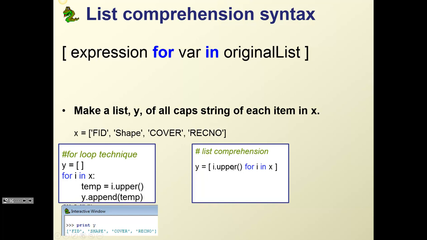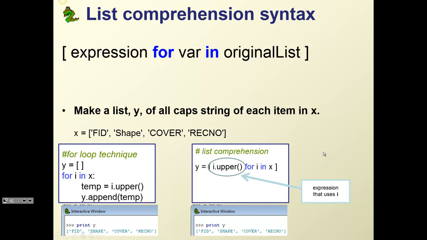That would go right in the front, and then for whatever our iterating variable is in our original loop. Put square braces around the whole thing and use an assignment statement to give the return value to y. And if we do that, y is equal to the same thing as we have over here. All in one nice little tidy line of code.